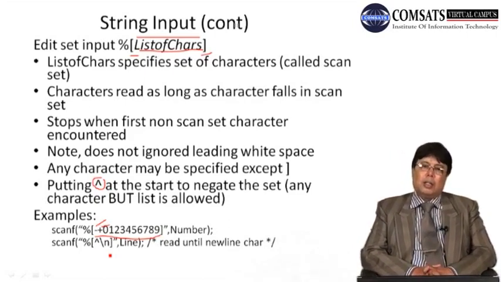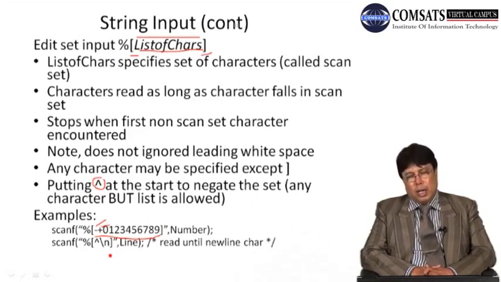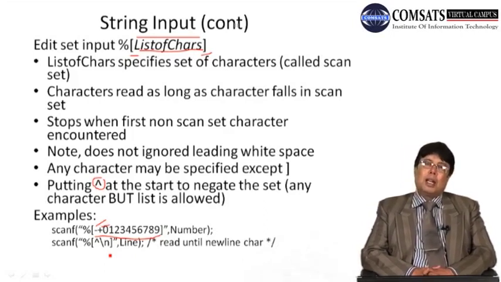Basically carriage return and line feed: line feed का कोड होता है 10 decimal में, 0A हेक्साडेसिमल में, और carriage return का कोड होता है 13 decimal में, 0D हेक्साडेसिमल में. So basically when you press enter, two characters are displayed.